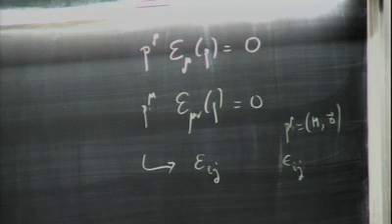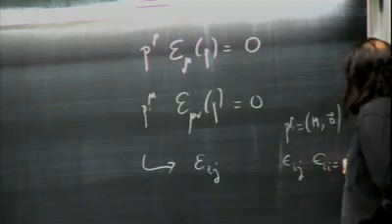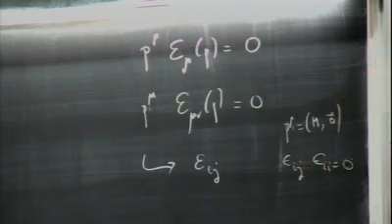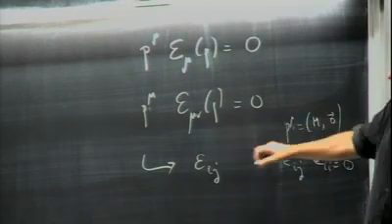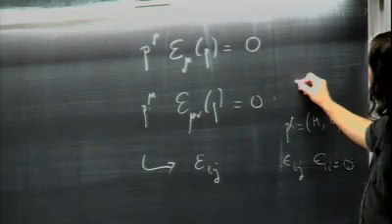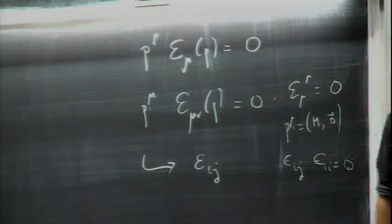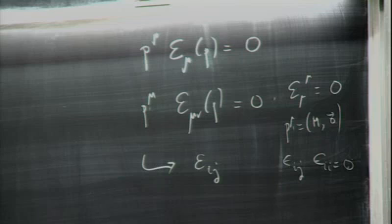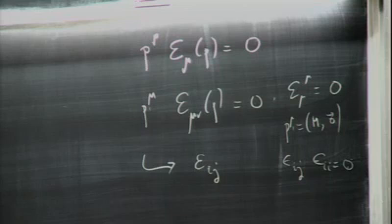So I have to say that in this frame, epsilon had better be traceless, so epsilon ii is equal to 0. The Lorentz invariant way of saying that is that I impose this condition and that epsilon is traceless. So that's how we describe a polarization vector.